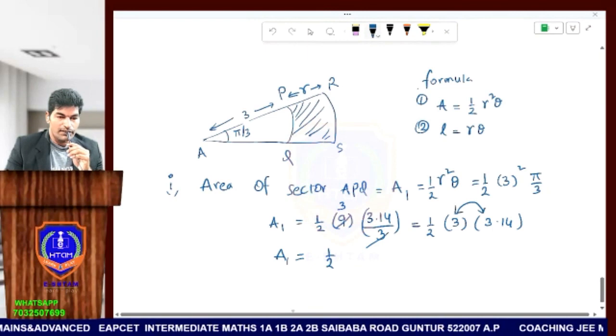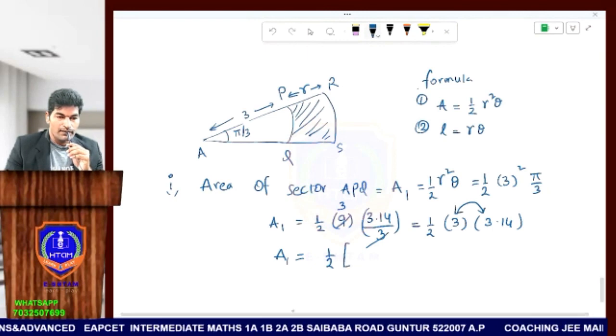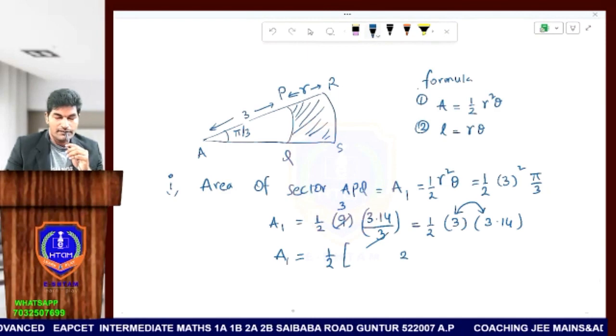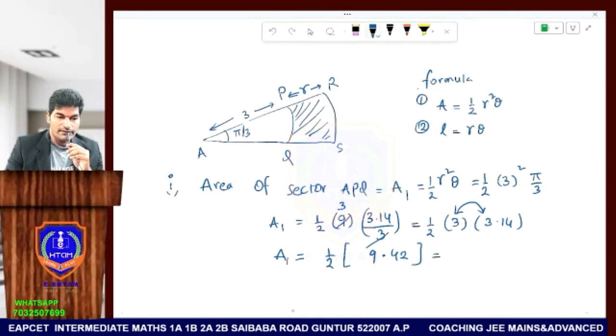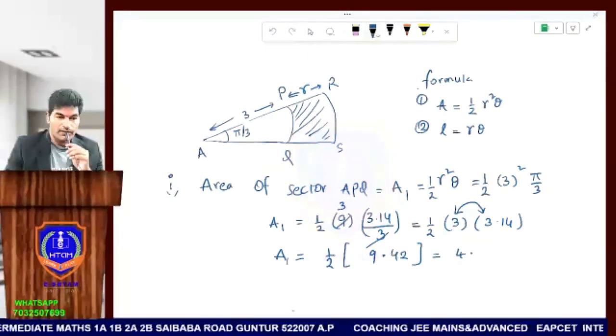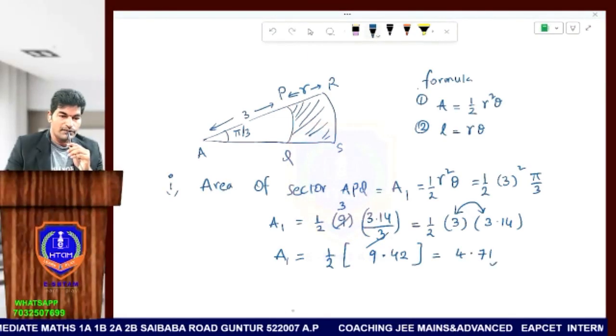3 into 3.14 is how much? First, 3 4s are 12, so 1 in your mind, 3 1s are 3, 3 3s are 9. Now we will divide this value 9.42 by 2. So 2 goes into 9 in 4 times, so 1 is a remainder. 4.71 approximately.